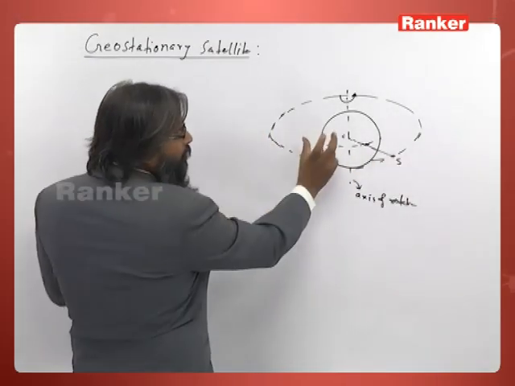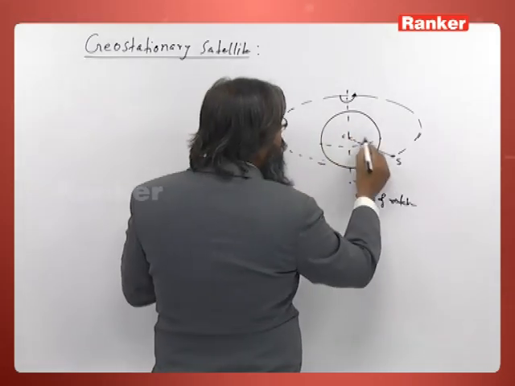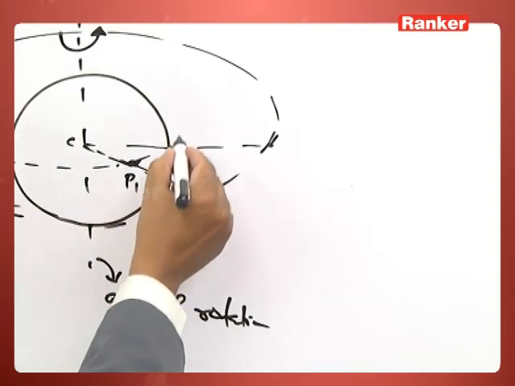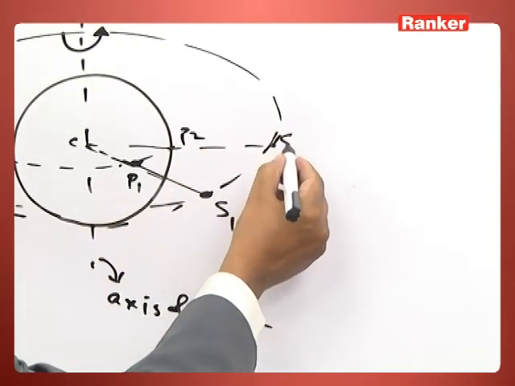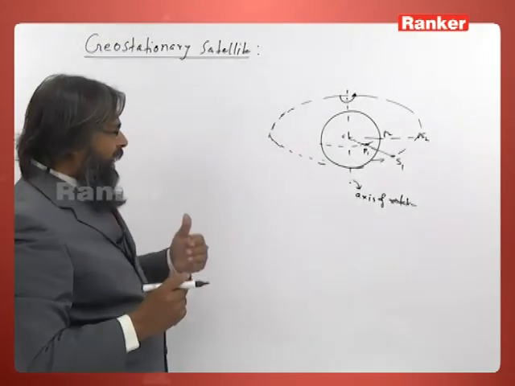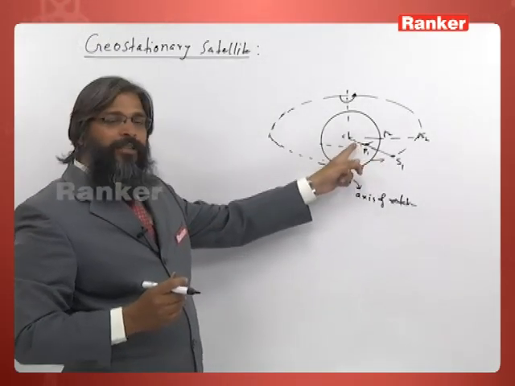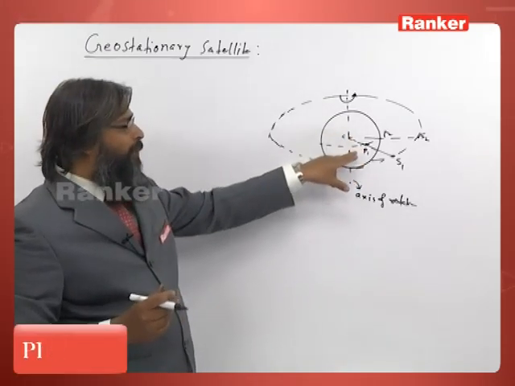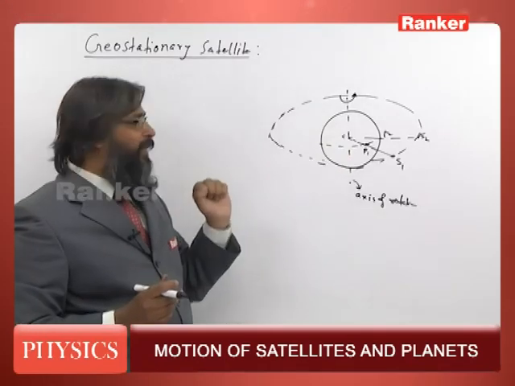Now what happens when this Earth rotates to this position, the satellite also rotates to this position. So, this is P1 position, now it is P2, this is S1 position, so it rotates to S2 position. So, in this case the satellite appears to be stationary with respect to Earth, that is, any observer will find that this satellite is not moving.